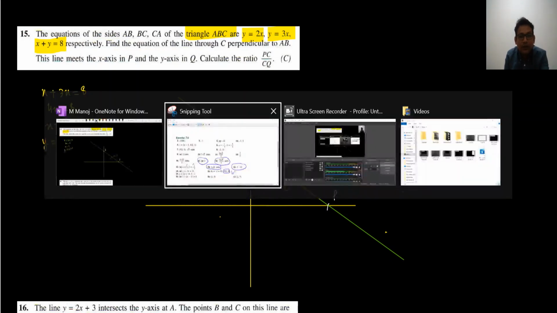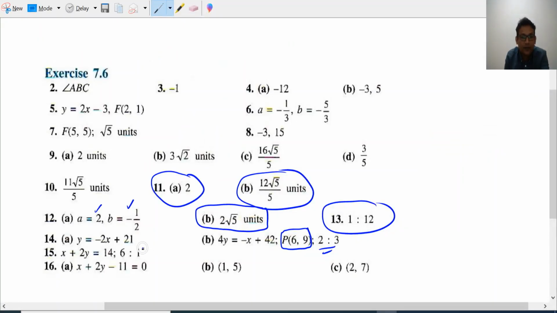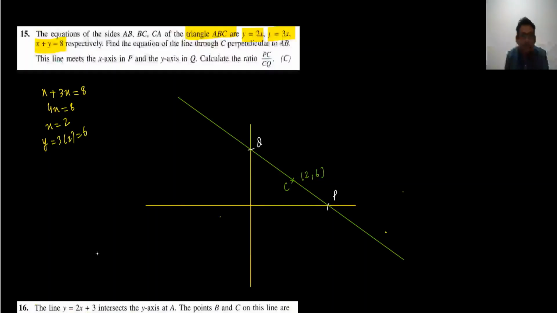The equation was x plus 2y is equal to 14. So this is (0, y), and this is (x, 0). These coordinates are fixed. When I put x as 0, I get the value of y as 7. So this is (0, 7).